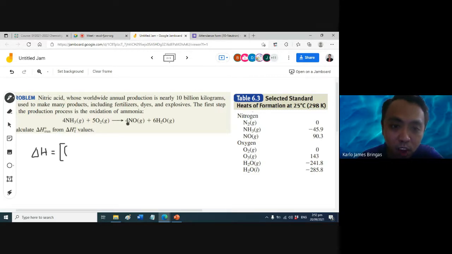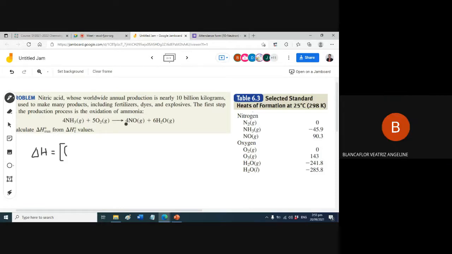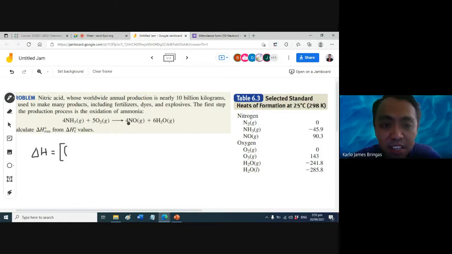So for NO, ano bang coefficient niya? Coefficient po, sir. 4 po.